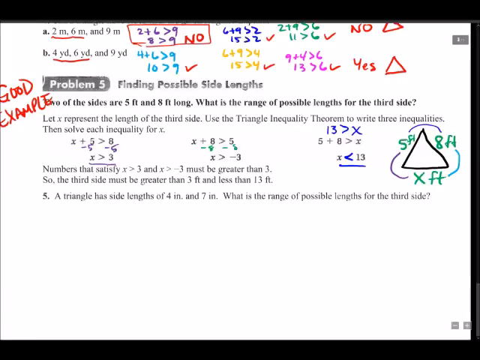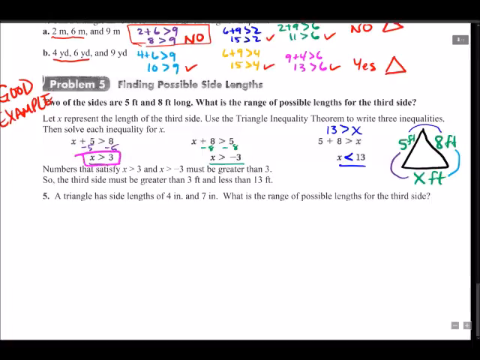Subtract 8 from both sides. x has to be greater than negative 3. Can we have a negative length on our triangle? No, that doesn't work. We live in three dimensions. So which two lengths are important to us?